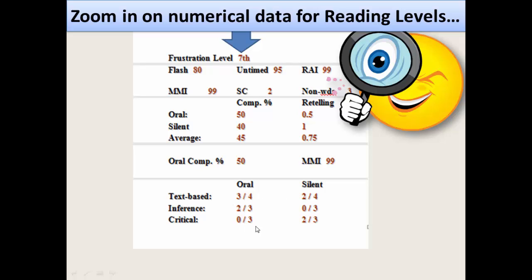It's higher level thinking where we need to help with this student. Because he's strong with the text base. He's strong with the MMI and his RAI. But we need to develop sight vocabulary.